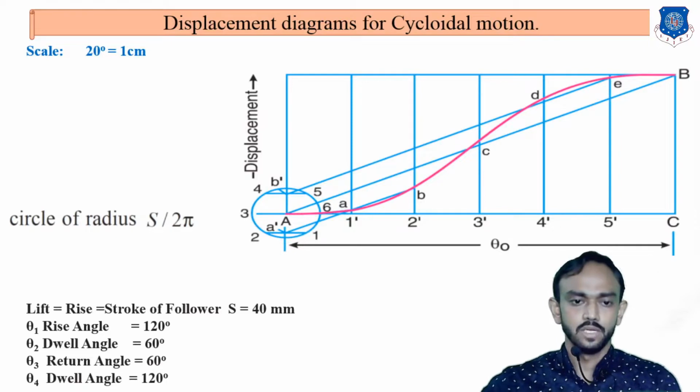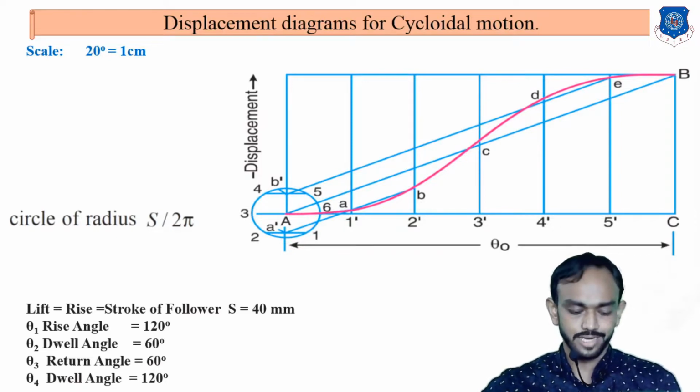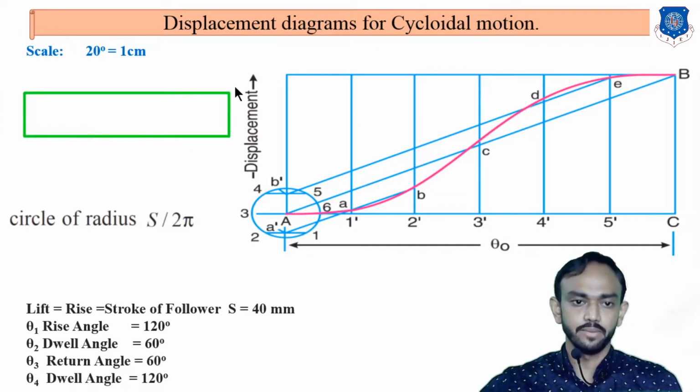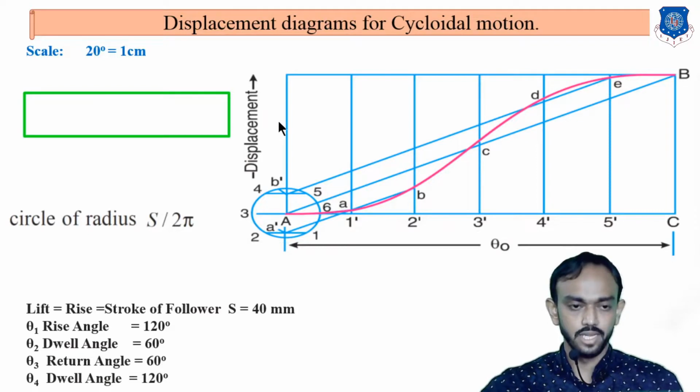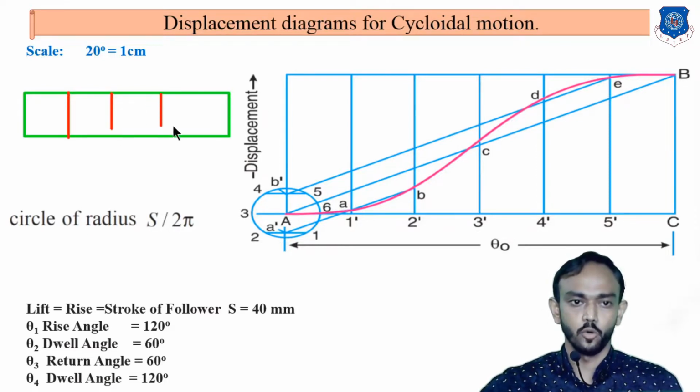So check this. First of all, you are going to make the rectangle, as you know, of 180 degrees by height, and after that you will divide it into 4 parts, 1, 2, 3 and 4, depending upon these angles. 120 means this distance will be 6 centimeter.